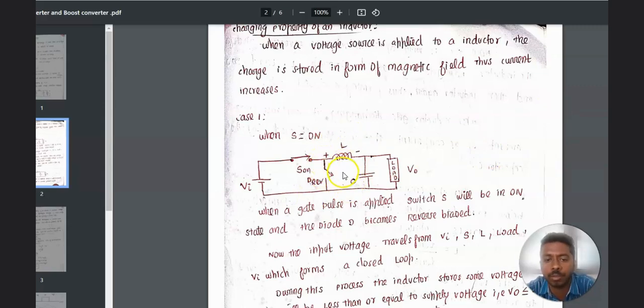We already know that when a diode is reverse biased, it will not conduct current. Therefore, it will be an open circuit. So when the switch is on, the supply voltage is given through the switch, then the inductor, then the load, then again to the input power supply. In this case, the inductor will be charged according to the input voltage. So simply we can say that when the switch is on, the inductor gets charged.